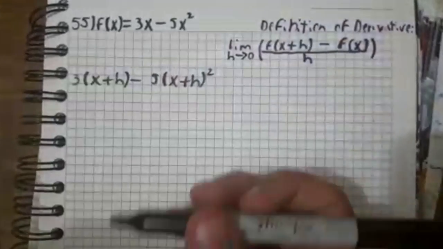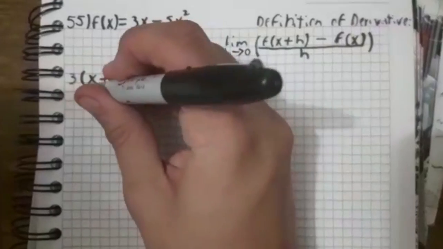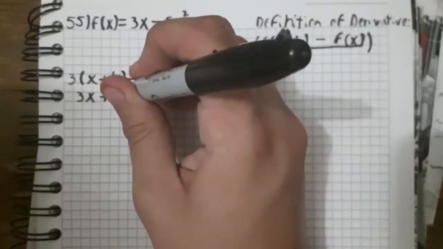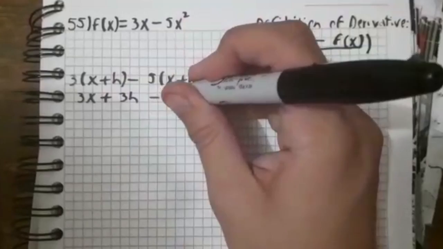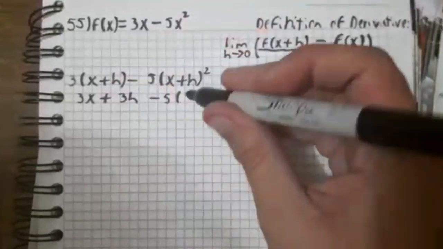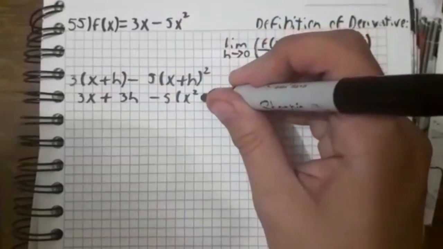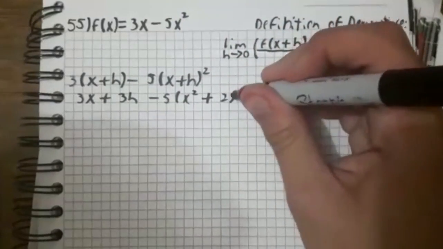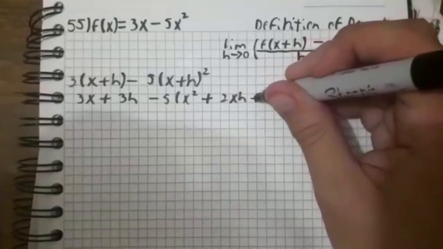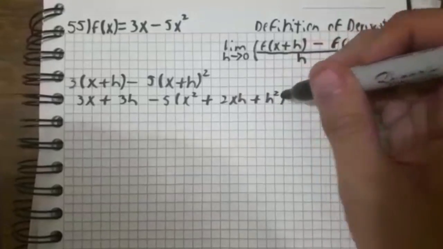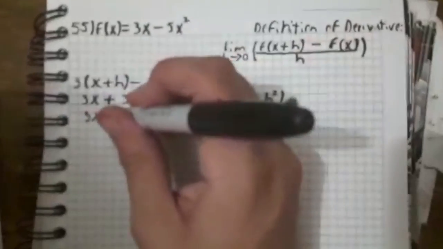And then we simply simplify by distributing the 3x plus 3h, and of course squaring the x plus h. So x squared plus 2xh plus h squared, and then distributing that.